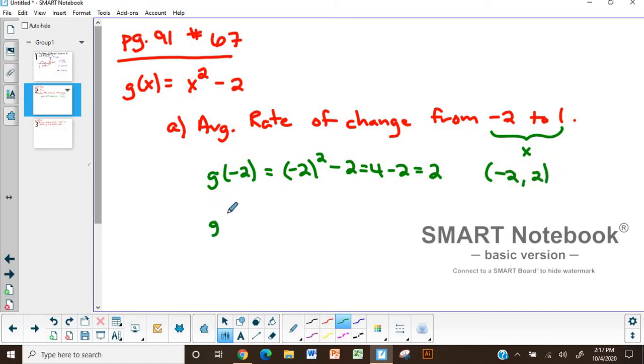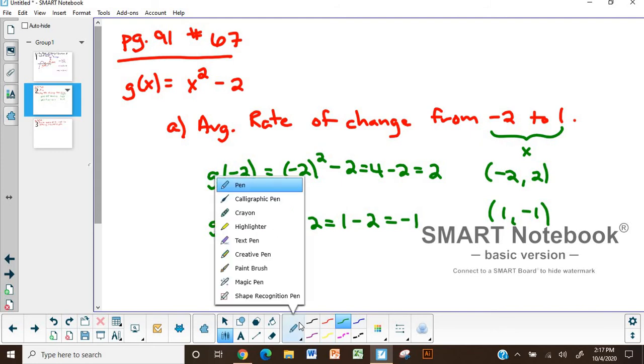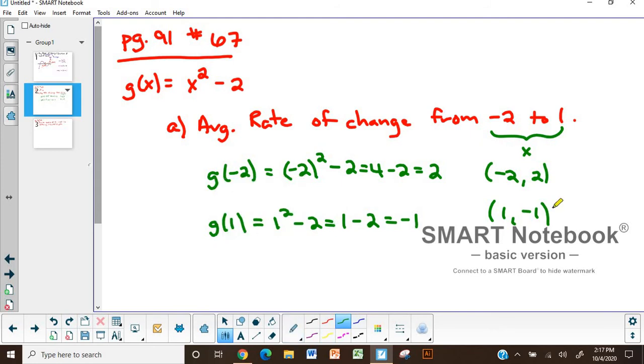The second point is going to be g of positive 1, which is 1 squared minus 2, which is 1 minus 2, which equals negative 1. So our second point here is going to be (1, negative 1). And it's at this point where we will use the slope formula to find the slope between those 2 points right there.